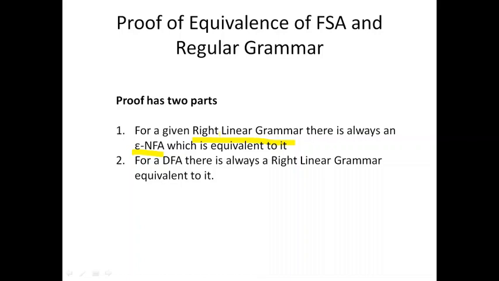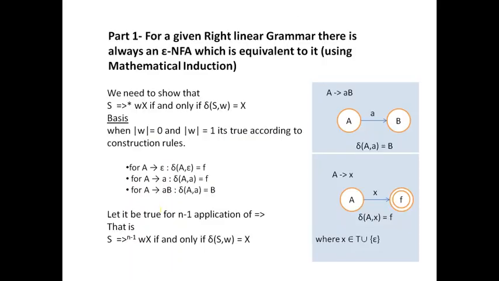So for every right linear grammar, we will show that we can construct an epsilon NFA. Since NFA, epsilon NFA, and DFA are all equivalent, the second part shows that for a given DFA, there is always a right linear grammar equivalent to it. So first we will go to the first part of this proof.